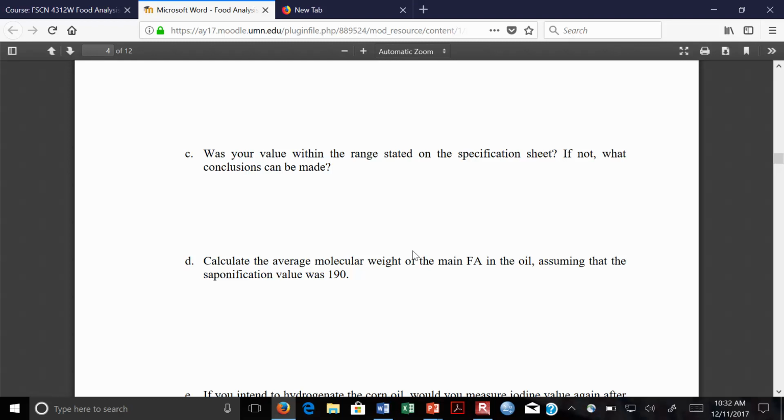So basically you have the triglycerides is 884 plus 3 times 18 equals 3 fatty acids plus 92.